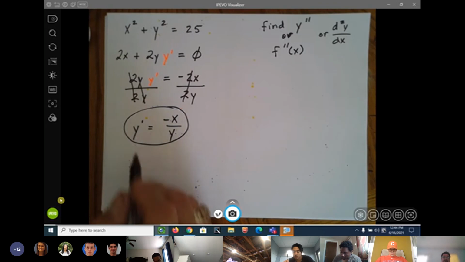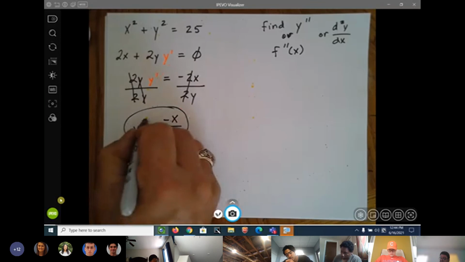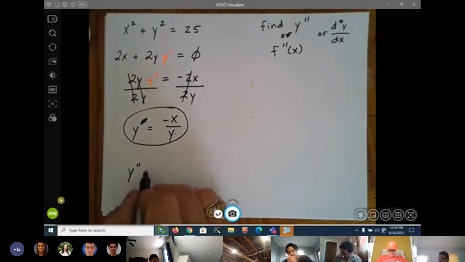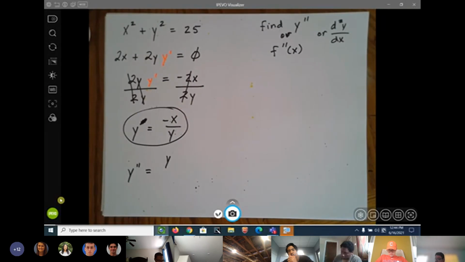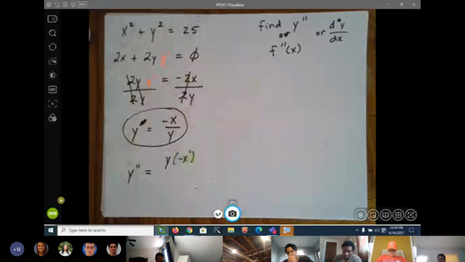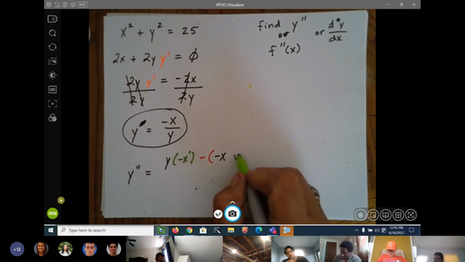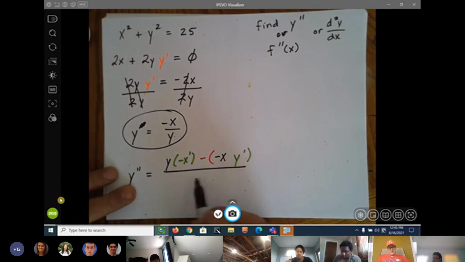The derivative of y prime is y double prime. So we take the derivative of both sides, and that's going to give us y double prime is equal to denominator times numerator prime, minus the numerator times the denominator prime, all over the denominator squared.